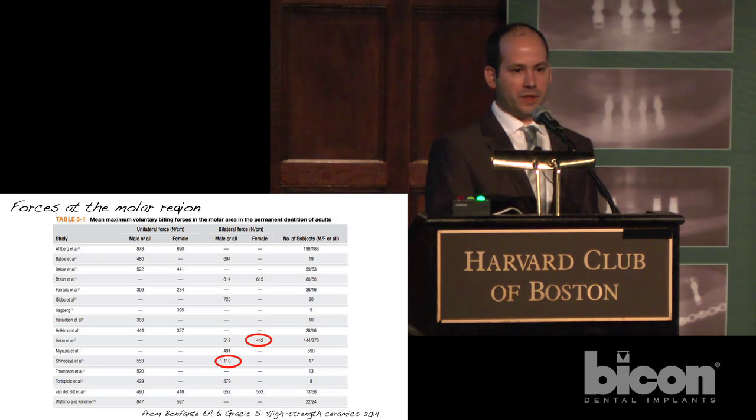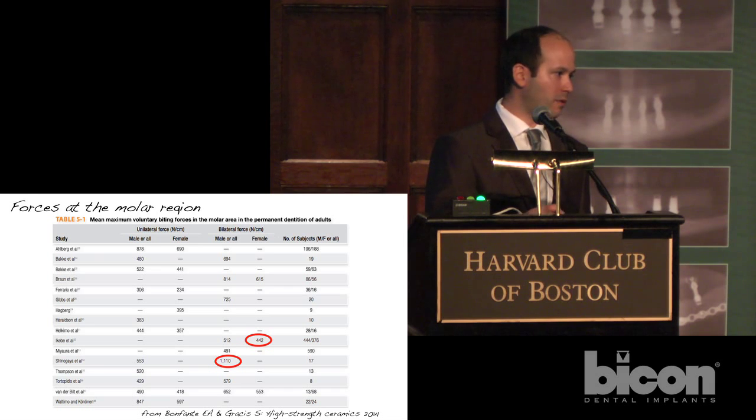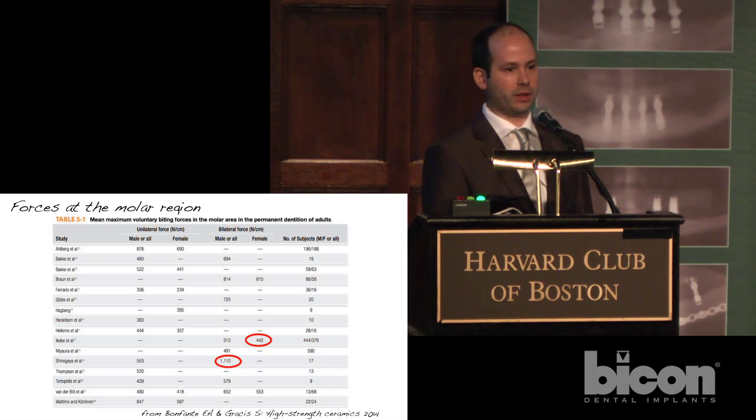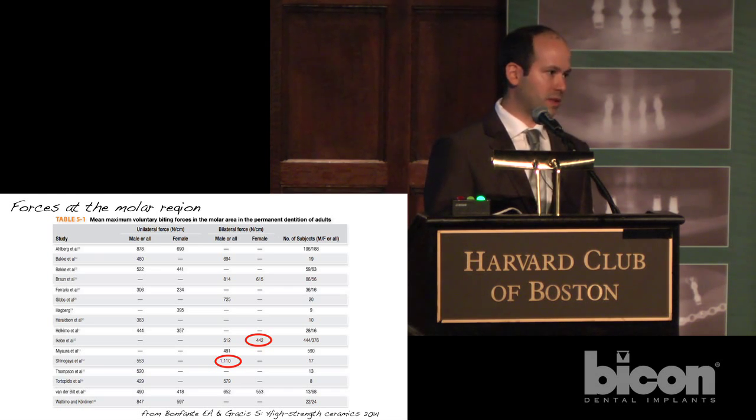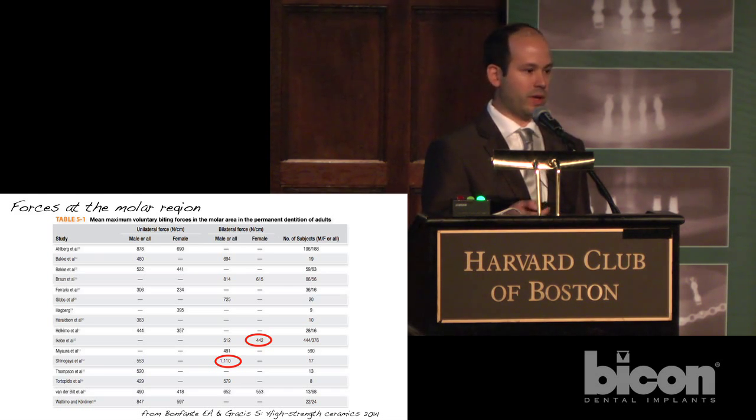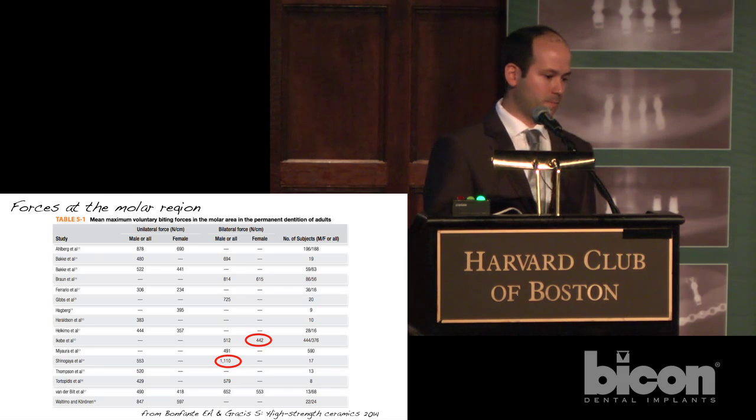So this slide may explain why dentists perhaps feel more confident when they splint adjacent molars, for example, in regular screwed systems, all right? Because in maximum voluntary biting forces, or even in functional forces, they could fracture the screw or the abutments and so forth.